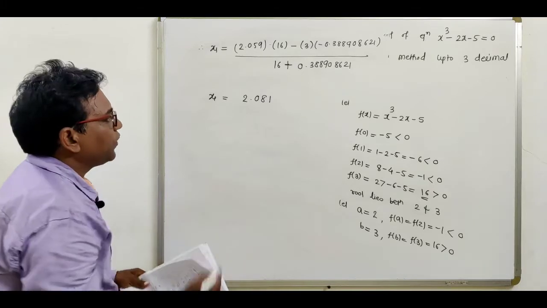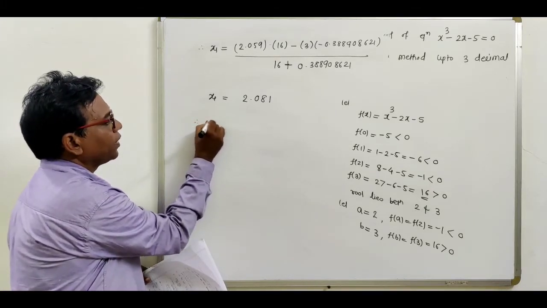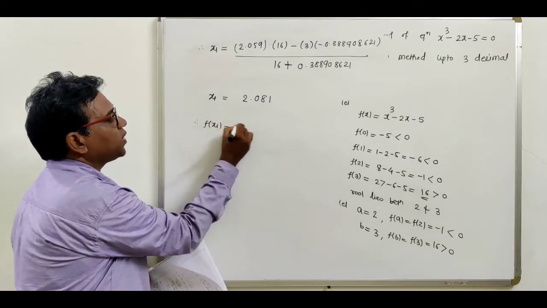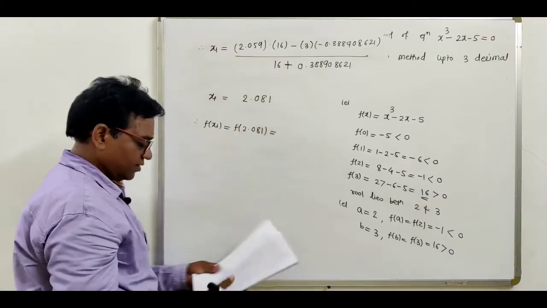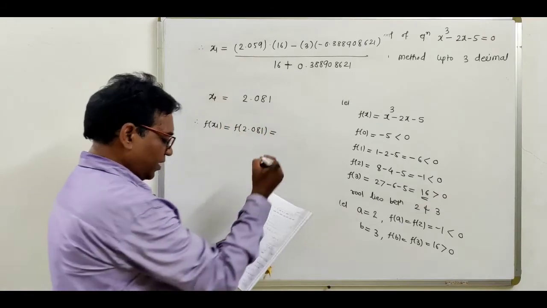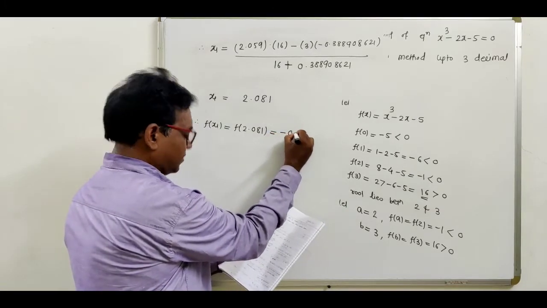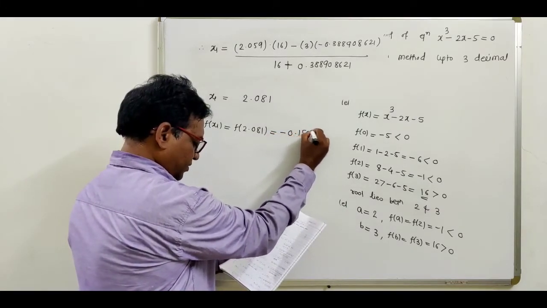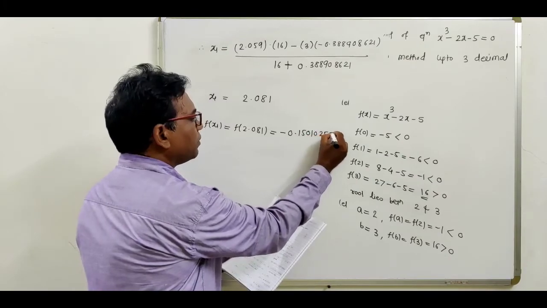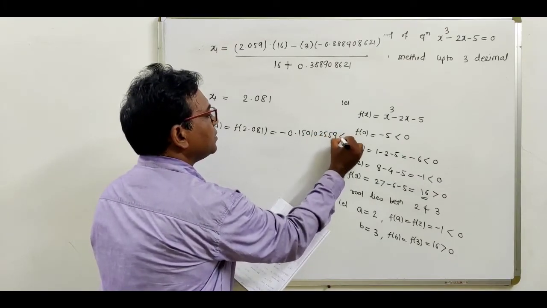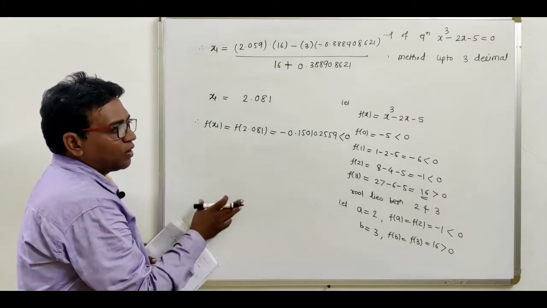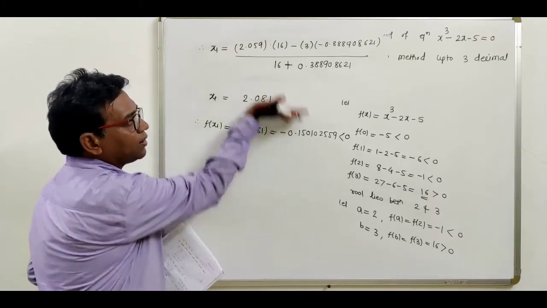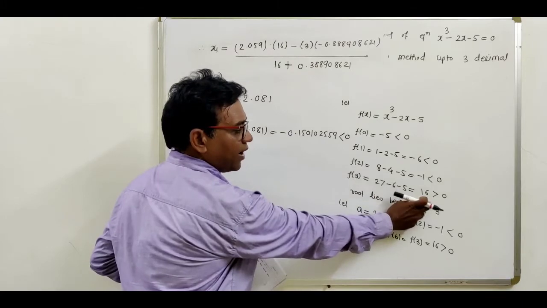So again find out the functional value. F of x1 is f of 2.081, and this is given by minus 0.150102559. So this is the negative functional value. So obviously the root lies between negative and the upper positive functional value.